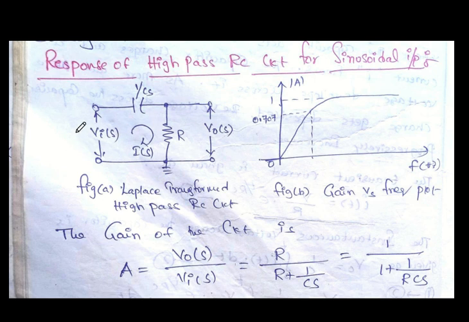Therefore V0(s)/Vi(s) is equal to R divided by the total, that is R plus 1/Cs. In the denominator, take R as common and R cancels, therefore 1/(1 + 1/sRC).